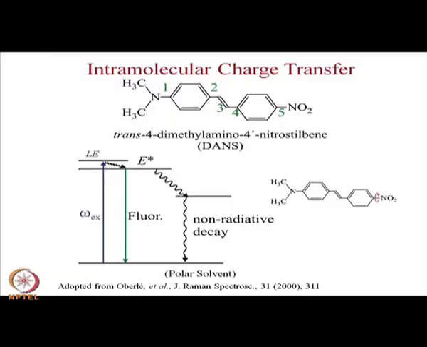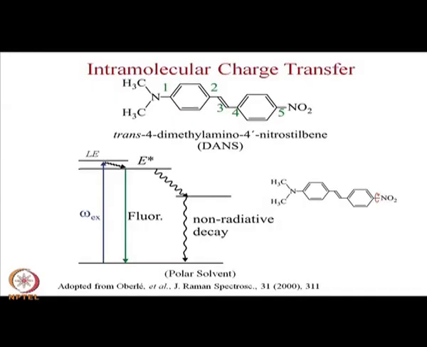Now, in case of intramolecular charge transfer, what is happening is that we can have a system such that the donor and acceptor are bonded to each other, in such a way that the charge given by the donor can be accepted by another part of the same molecule having the property to accept that charge.